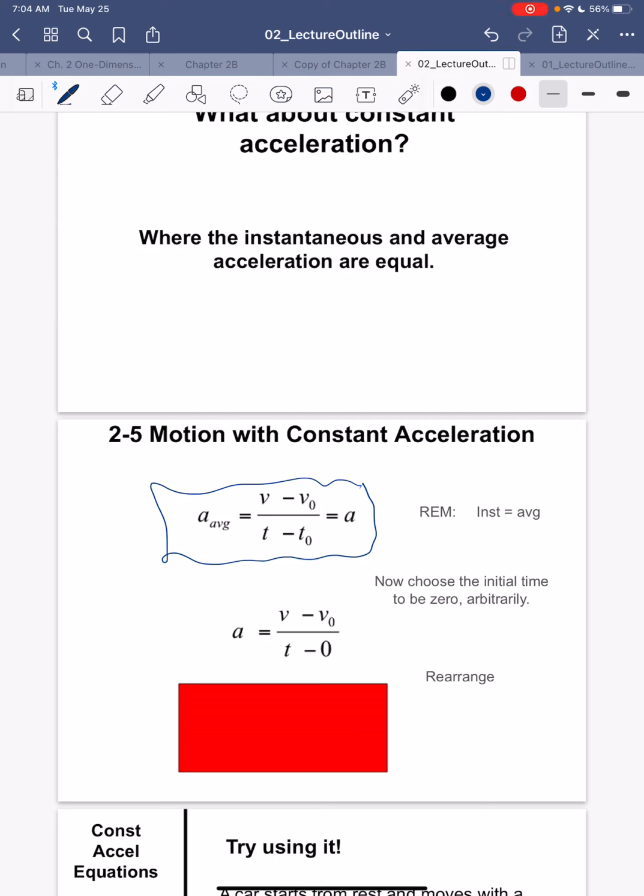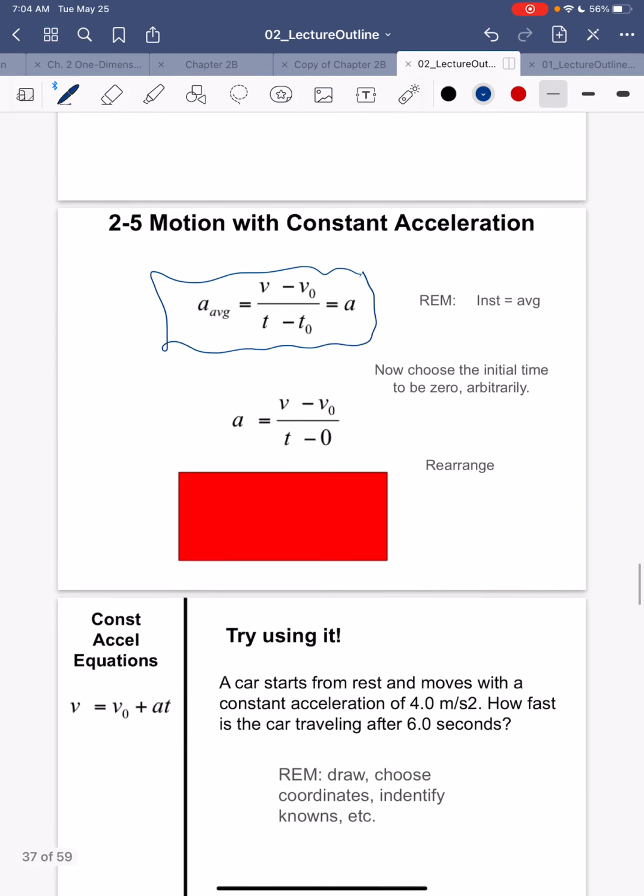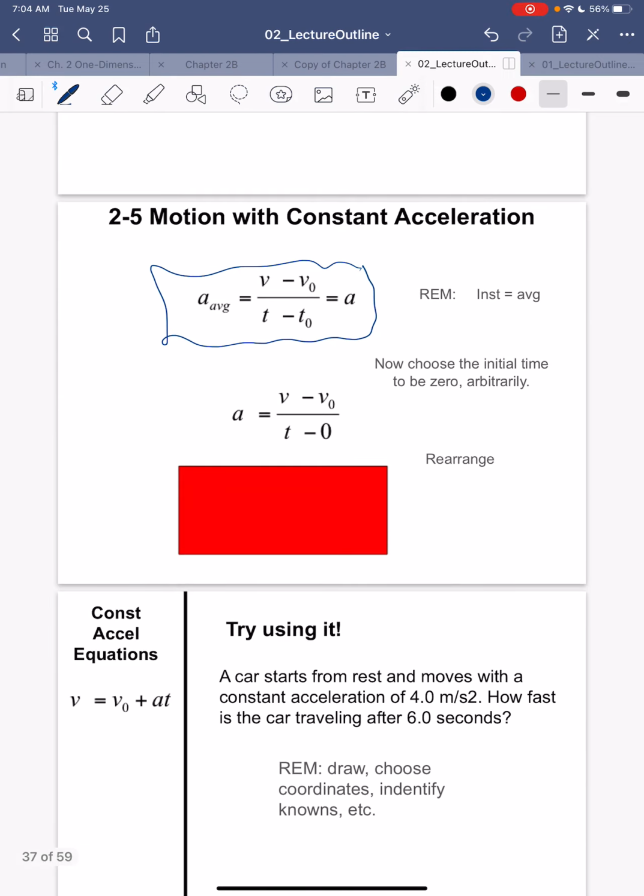If I choose my initial time to be 0, then I can rearrange, and V equals V0 plus AT.